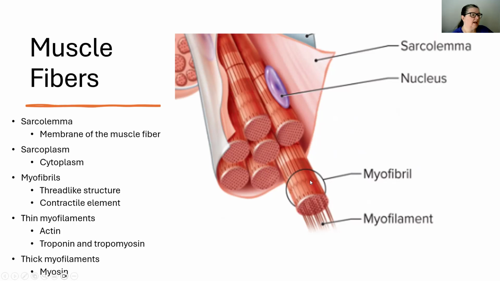The outside of the muscle fiber, or the muscle cell, if you want to call it that, is what's called a sarcolemma. And it keeps basically all of the myofibrils, or the very tiny bits of the muscle fiber, together.